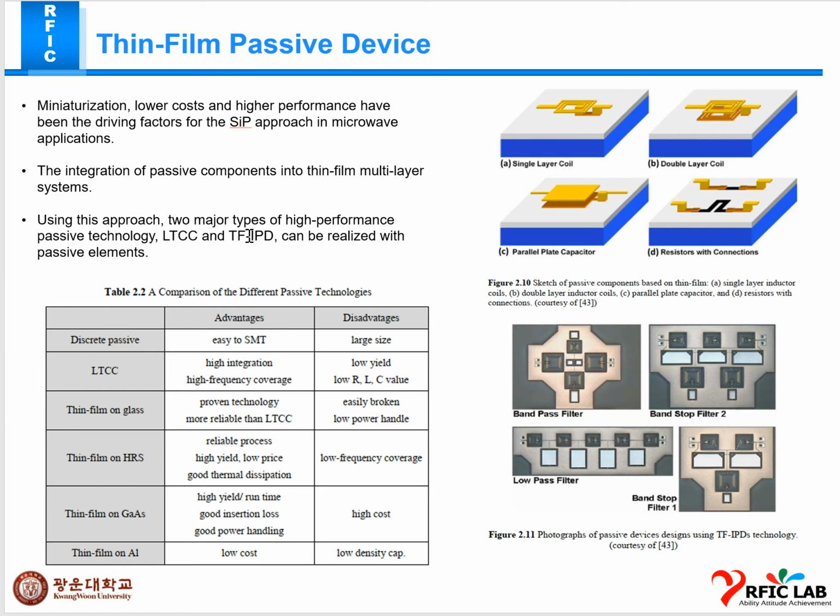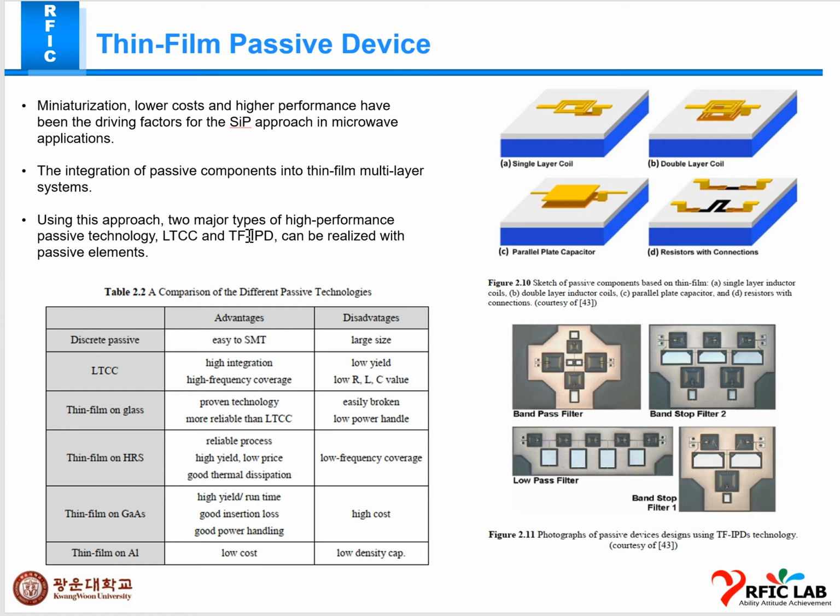Okay, thin film passive devices. As you can see in figure 2.10, it shows components based on thin film: first a single layer coil, then a double layer coil, then a parallel plate capacitor, and then a resistor with connection.